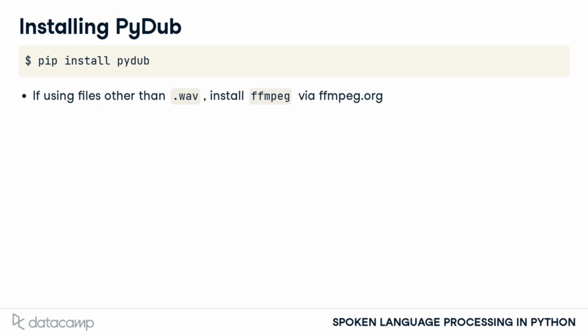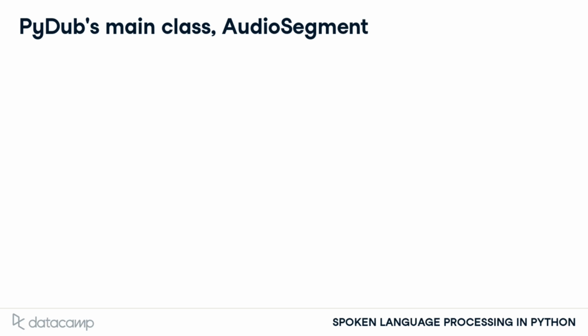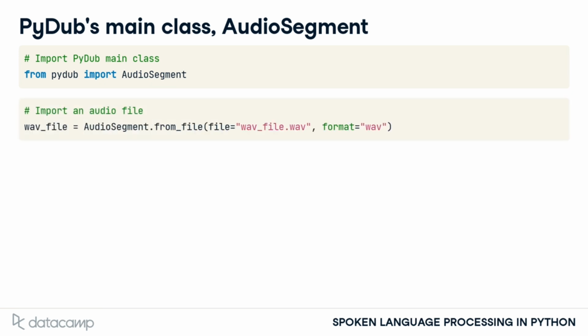Once you've installed Pydub, you'll find all of its functionality is built on one main class, AudioSegment. To use it, we'll import it using from pydub import AudioSegment. Then we can use AudioSegment and the from_file method to import an audio file. The from_file method requires the argument file, which takes a string containing an audio file's file path.